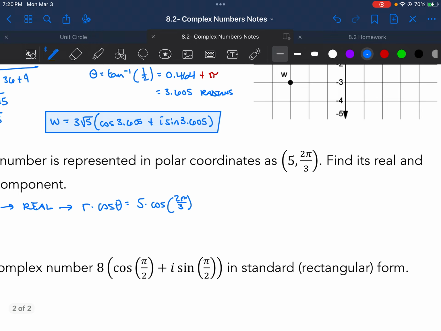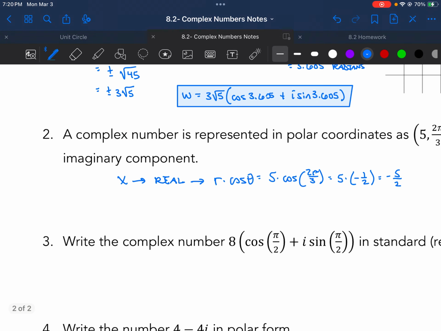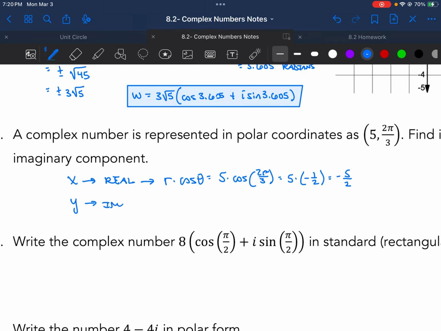Cosine of 2 pi over 3 is negative a half, so this is 5 times negative a half, which is negative 5 halves. We know that y value, which is representing the imaginary component, is r times sine of theta, which is 5 times the sine of 2 pi over 3. Sine of 2 pi over 3 is root 3 over 2, so 5 times root 3 over 2, which is just simply 5 root 3 over 2.